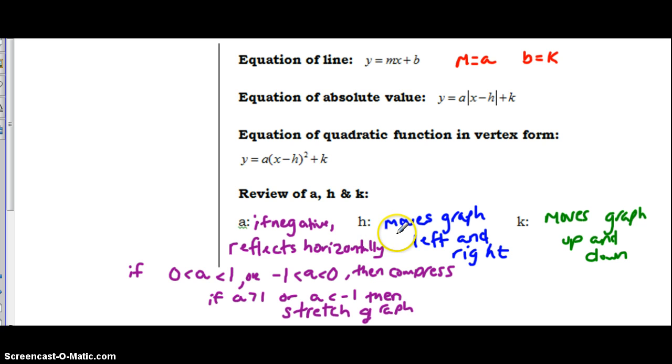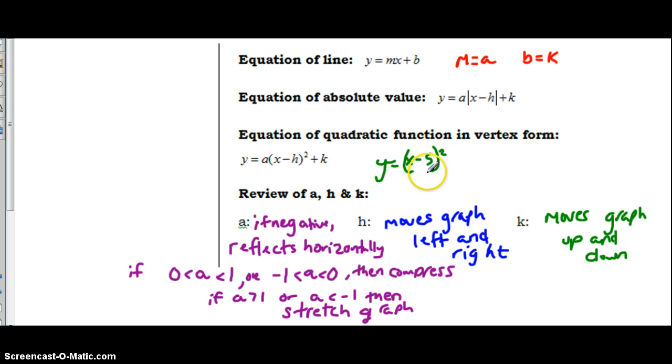h is also a little bit tricky. It moves the graph left and right, and it's going to move it the opposite way you think, because look at the way the equation is written. See how h is subtracting here? And it will for all of our functions here. So if h is a positive number, x minus h, let's give an example of y equals x minus 5 squared.